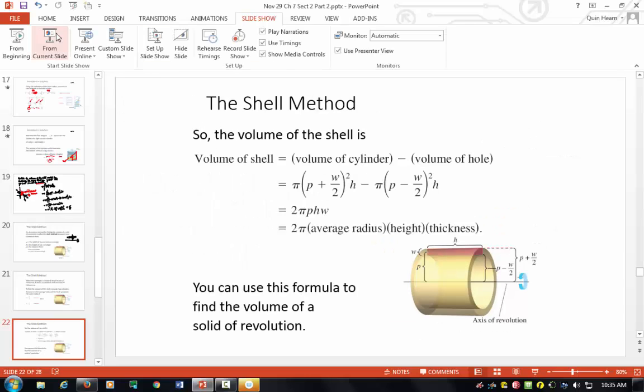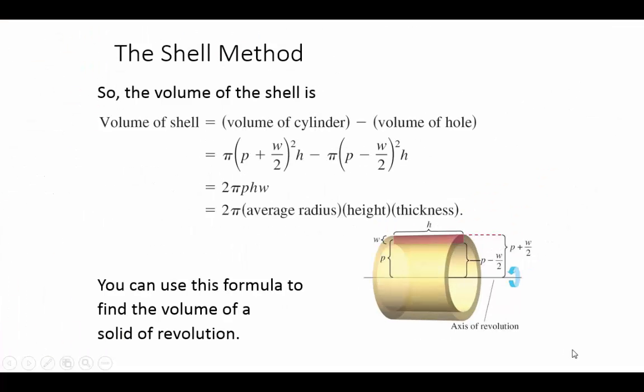How do we find the volume of a cylinder? Pi r squared times the height, right? The area of the base times the height. So the outer cylinder is pi times its radius squared times the height. The inner cylinder is pi times its radius squared times the height. We subtract them. It just simplifies really nicely. All you're left with is 2 pi times the average radius times the height times the thickness.